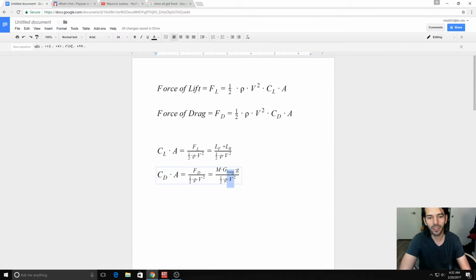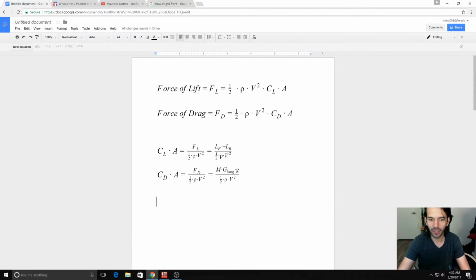G long will be our longitudinal acceleration, and G will be the standard acceleration due to gravity. This is basically a conversion factor, because G long is in units of G, and multiplying it by 9.81 meters per second squared will make it back to its SI units, and that'll give us the correct force.